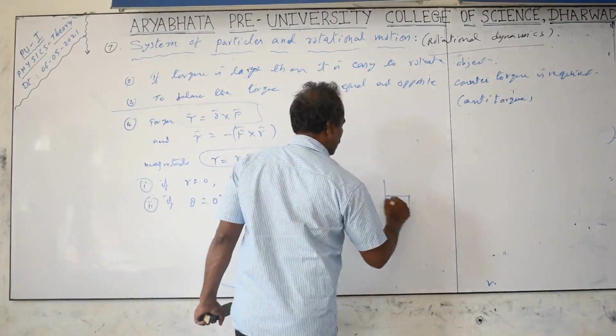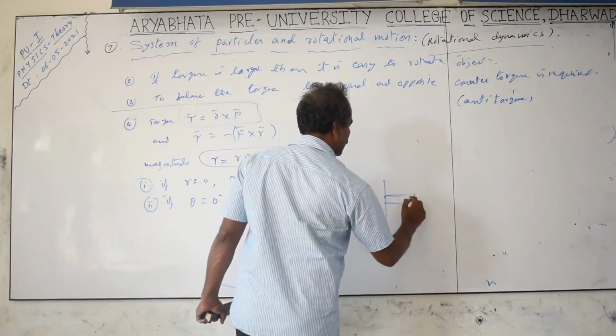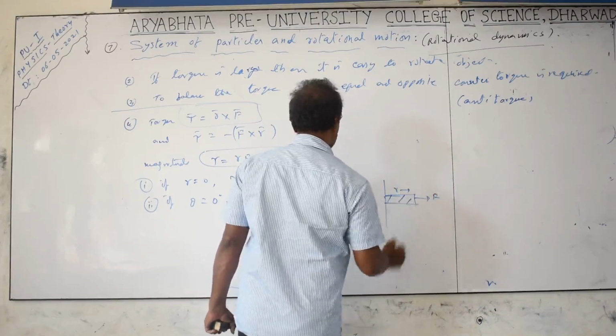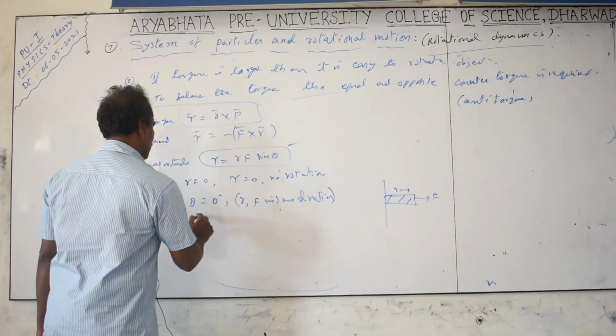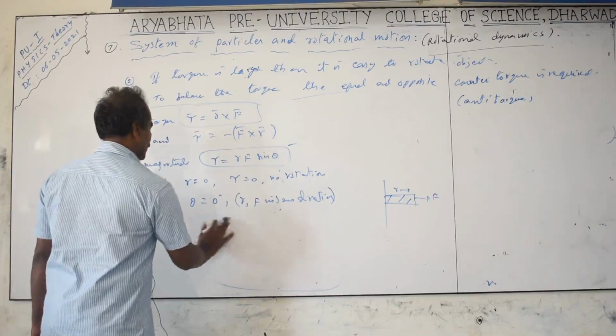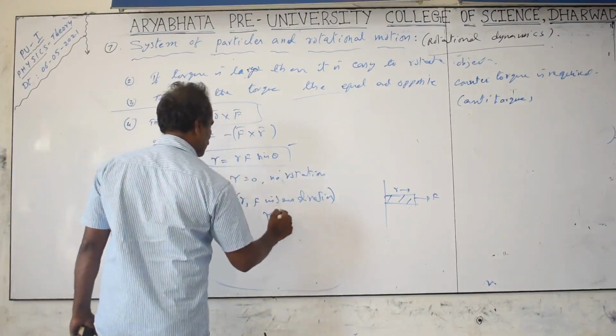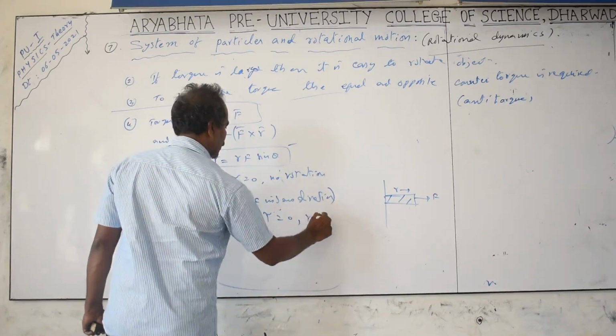On this rigid body, the force is applied away from it, and R is also away from it. Theta is 0, so sin 0 is 0, therefore torque is 0, no rotation.